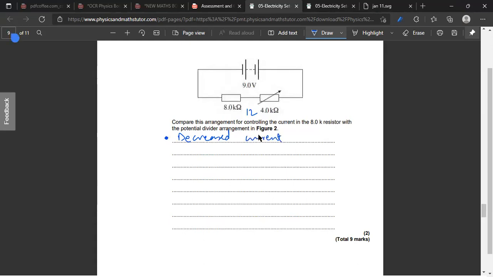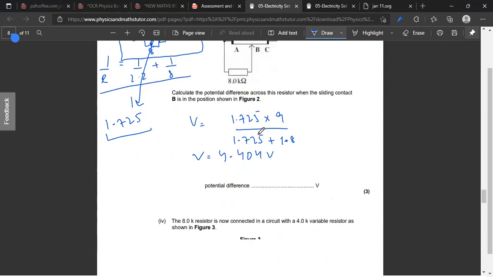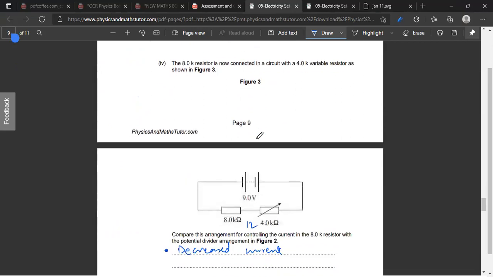The second point is about the potential difference across this. I don't think the potential difference is going to change, because the total resistance will always be 4 kilo ohms. This arrangement isn't like a variable resistor where it can go from 0 to 4.